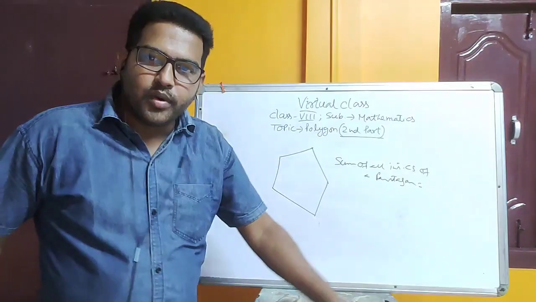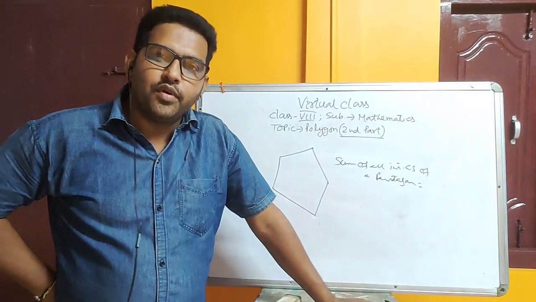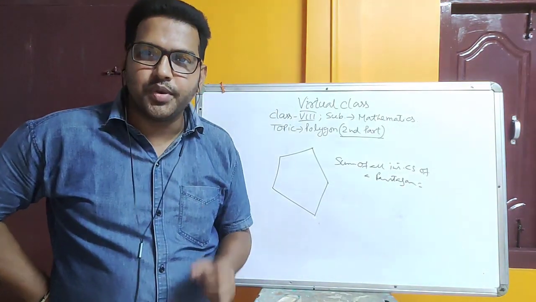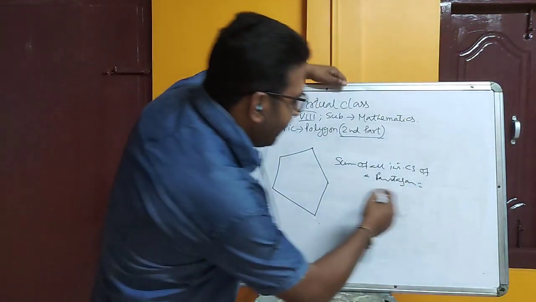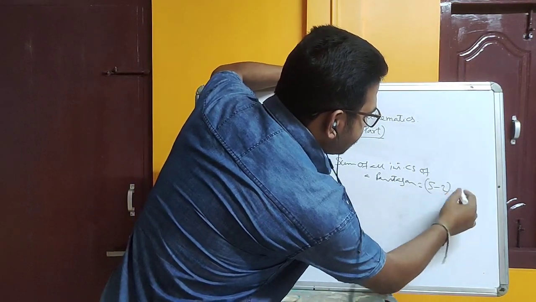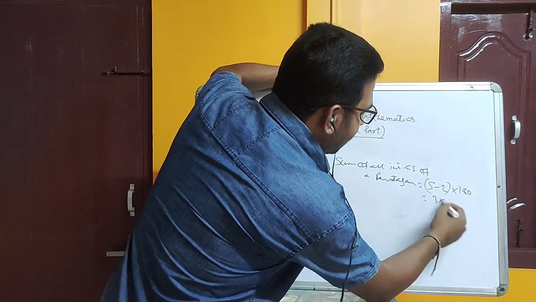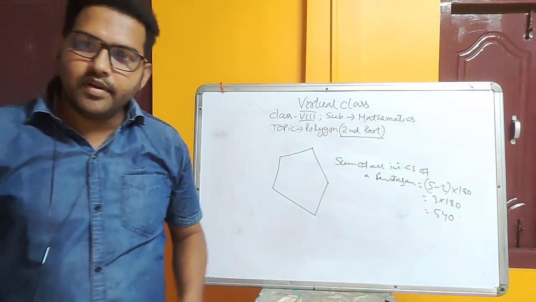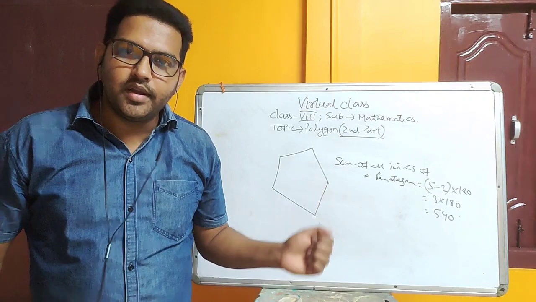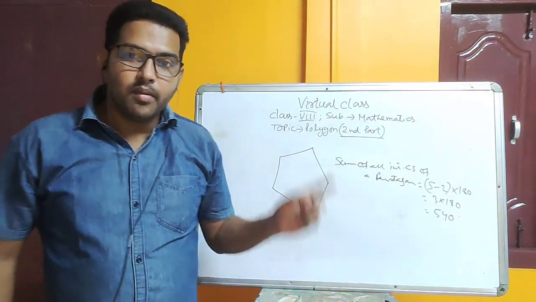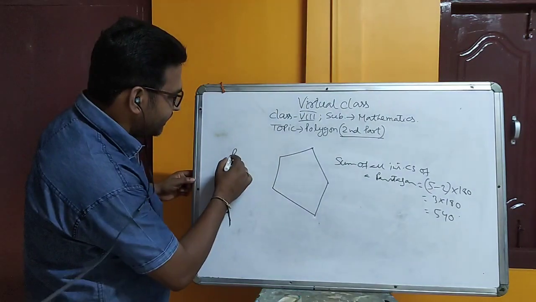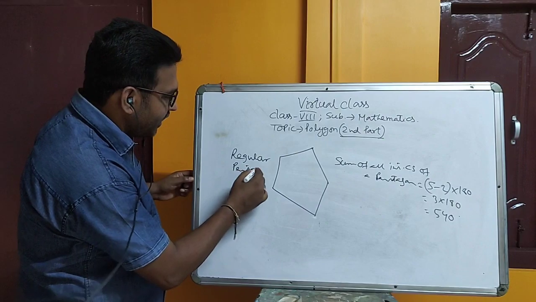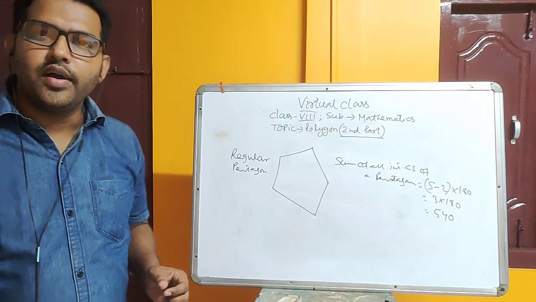Let me tell you. What is the formula for the sum of all interior angles of a polygon? The formula is n minus 2 into 180. Now n is 5 here, so 5 minus 2 into 180, that is equal to 3 into 180, 540 degrees. 540 degrees is the sum of all interior angles of any pentagon. But since it is a regular pentagon, it has all angles equal.